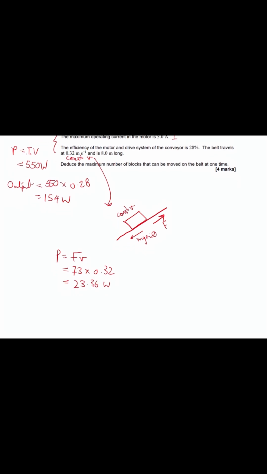So 73 times 0.32, because that's the constant speed. So that gives me 23.36 watts. Now, the output power is 154.